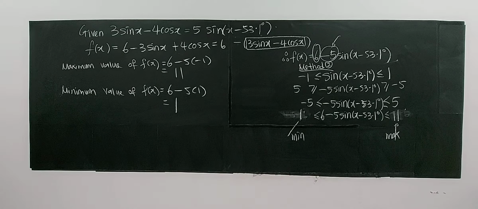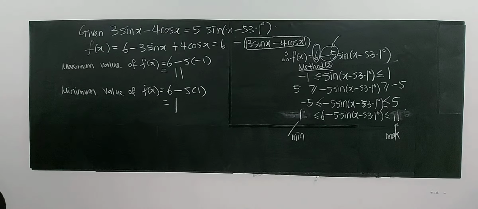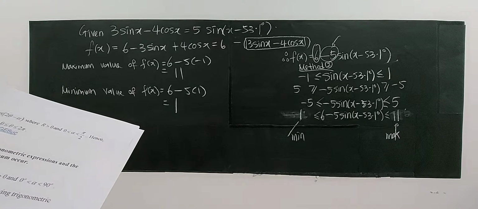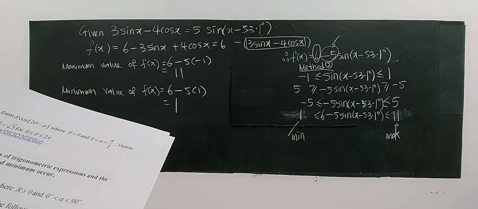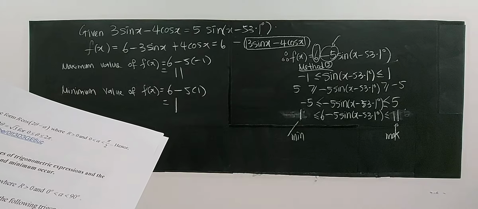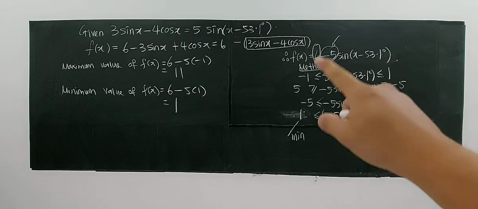So now I'm going to answer the question. The question said, what value of x? So the question is asking to determine the values of x, for x between 0 and 360 degree, including 0 and 360 degree. So what is the value of x that this function will become maximum, right?